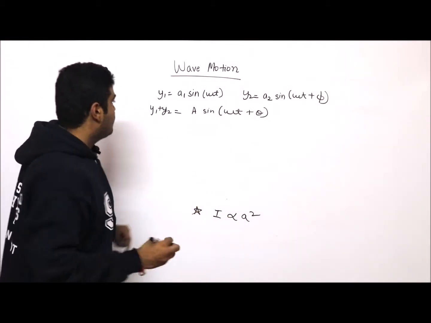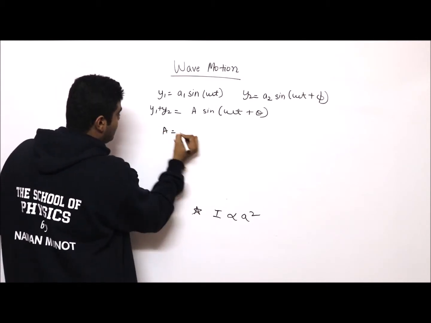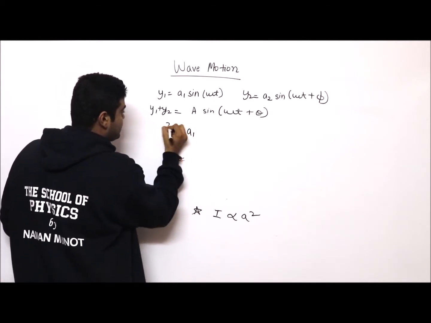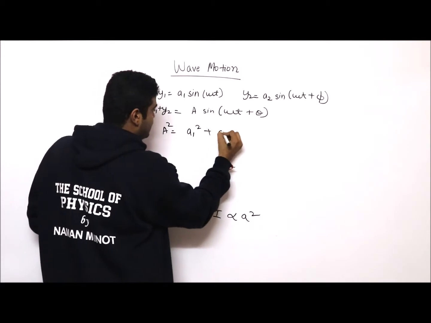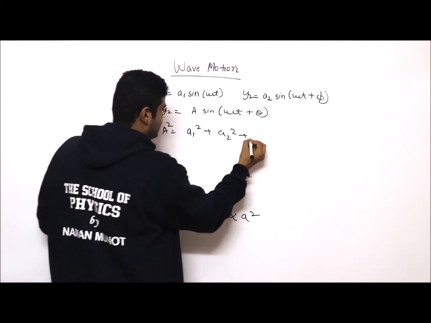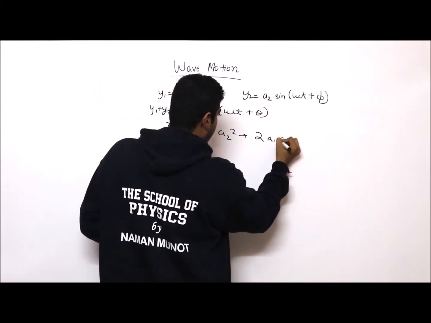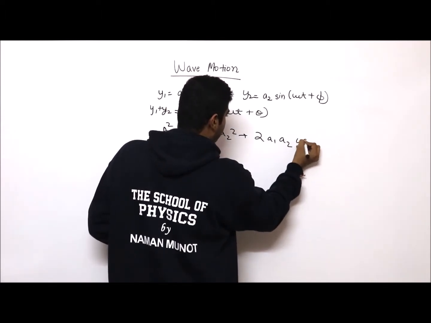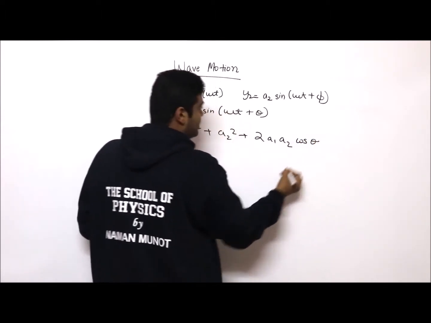So what is A? We know A square is equal to A1 square plus A2 square plus 2 A1 A2 cos of theta. Now what is theta?